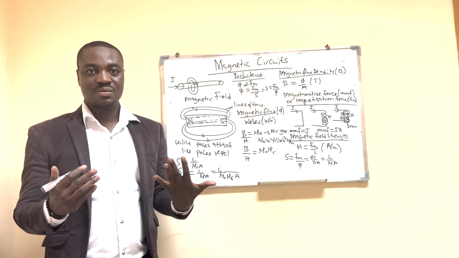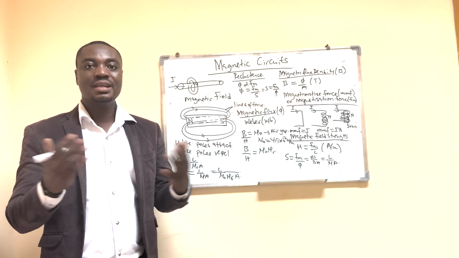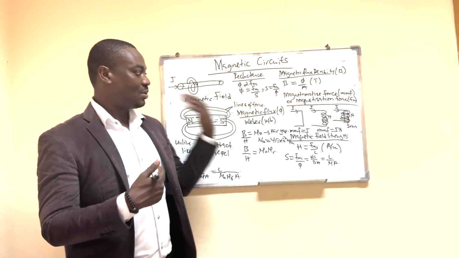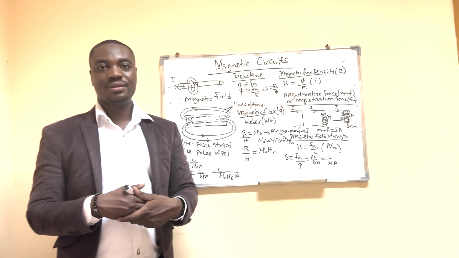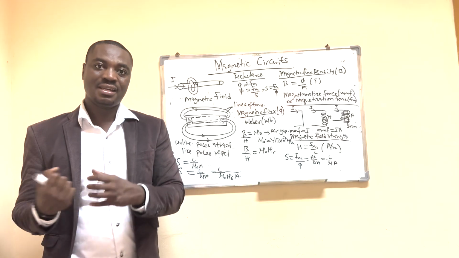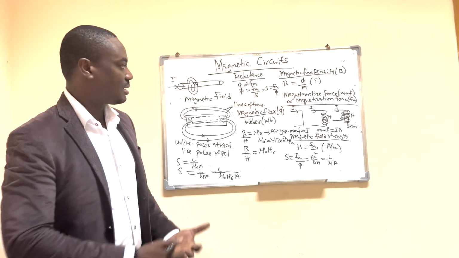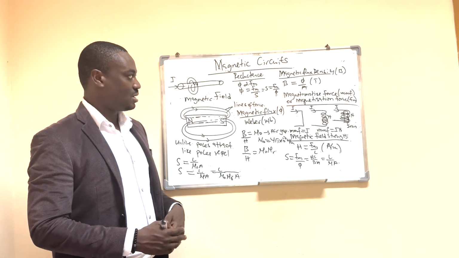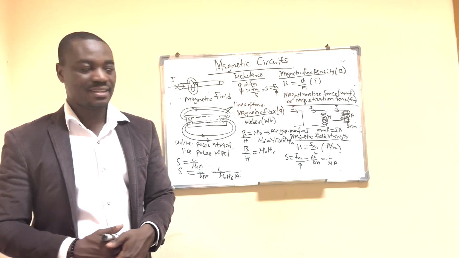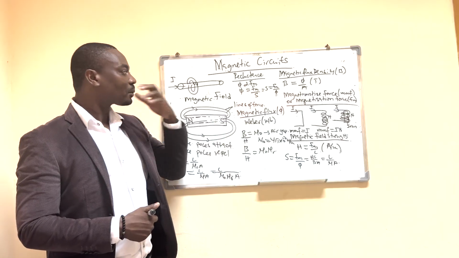So reluctance is simply the opposition to the establishment of magnetic field on the material. So here you can see that if I have a piece of iron, the iron is going to resist the magnetic field that is going to be produced on it. That is what we mean by reluctance. So every material has this reluctance.